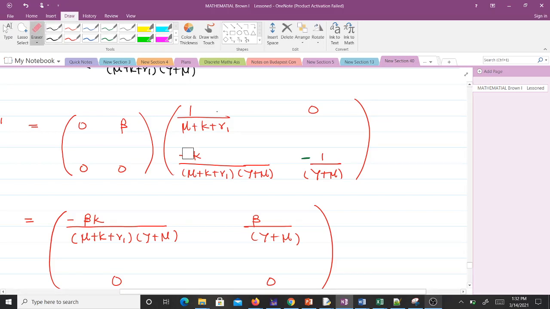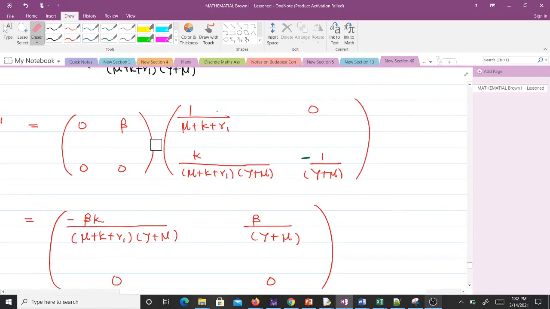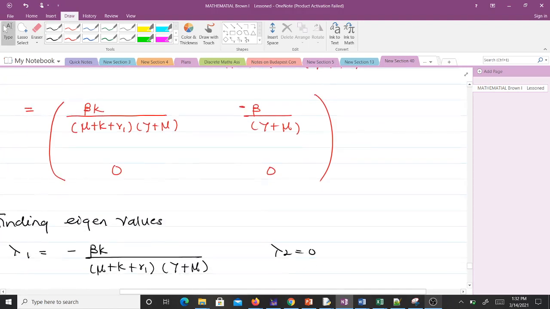So we don't have any negative here again. Yes. So plus beta times this, which will give us beta kappa over whatever we have here. Then we will have this times this, which will give us 0. Okay. Then you have this times this plus this times this, which will give us minus beta over gamma plus mu. Then the other place also gives us 0.